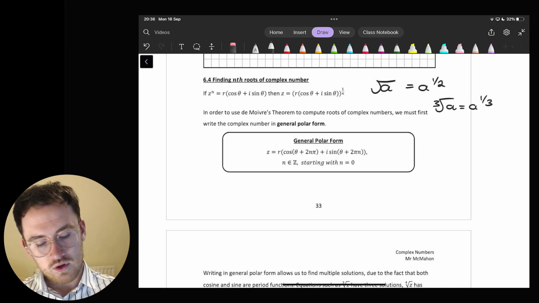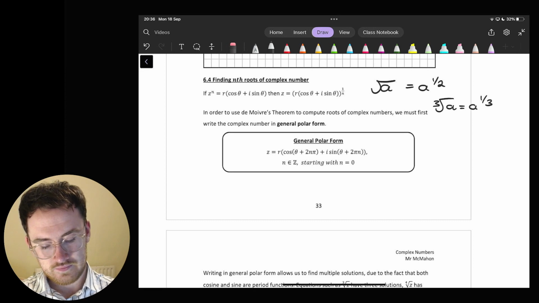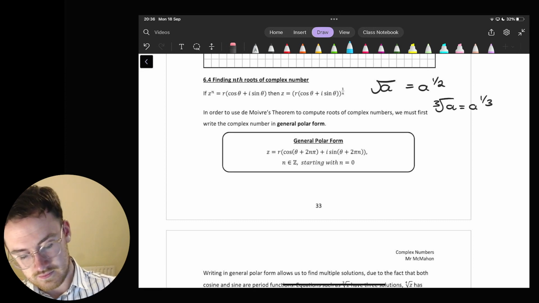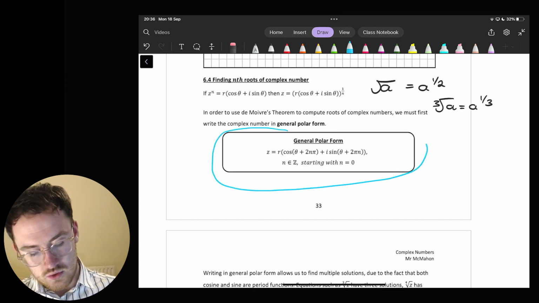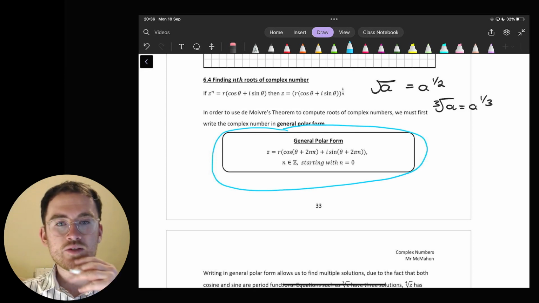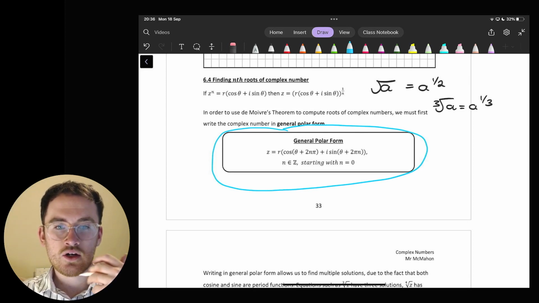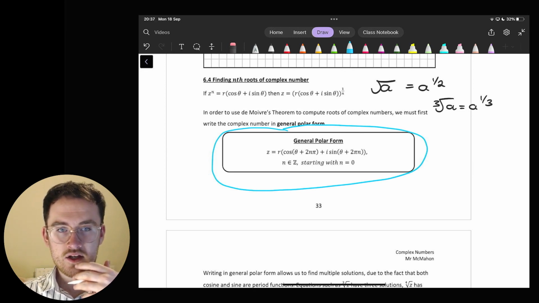And general polar form is what we have here. It makes use of the fact that cosine and sine are periodic functions and they repeat every 2 pi. We know this from trigonometry that the period of cosine and sine is 2 pi.